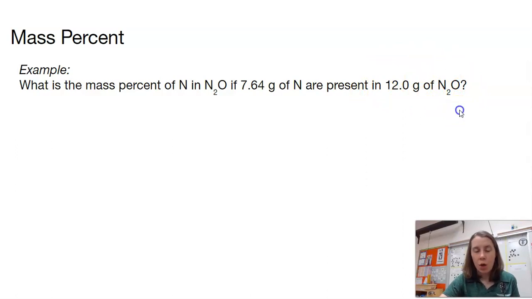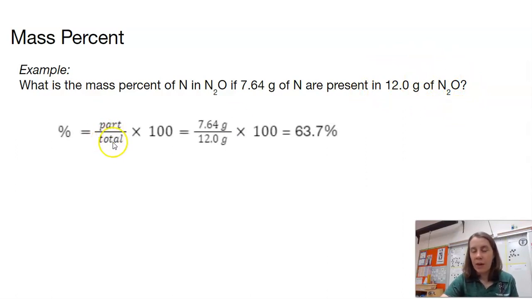All right, so again, we're going to use that part divided by the total times 100. So 7.64 is the part we're interested in. This is the part that is the nitrogen. 12 grams is the total N2O, all right, times 100 would be 63.7% of our compound is nitrogen.